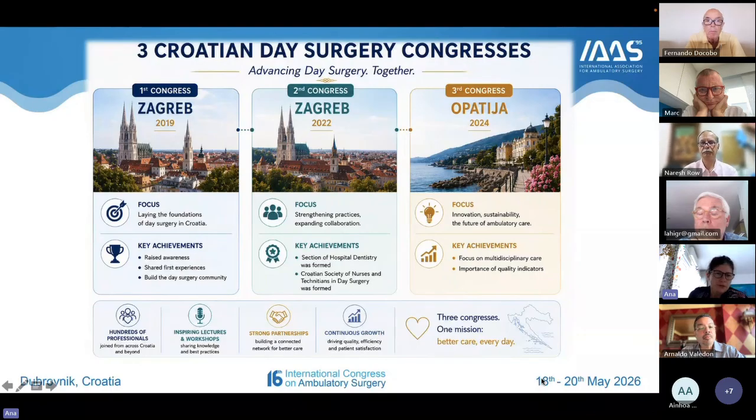For example, the first congress was like laying the foundations of day surgery in Croatia. It was the first time that Croatian and international experts of ambulatory surgery gathered in our capital city, that we shared the knowledge and raised the awareness of the importance of the development of ambulatory surgery.